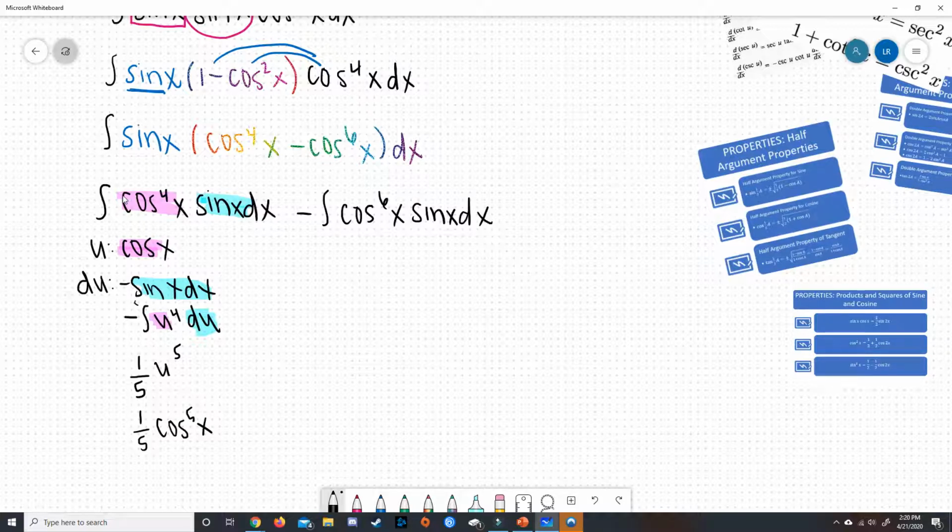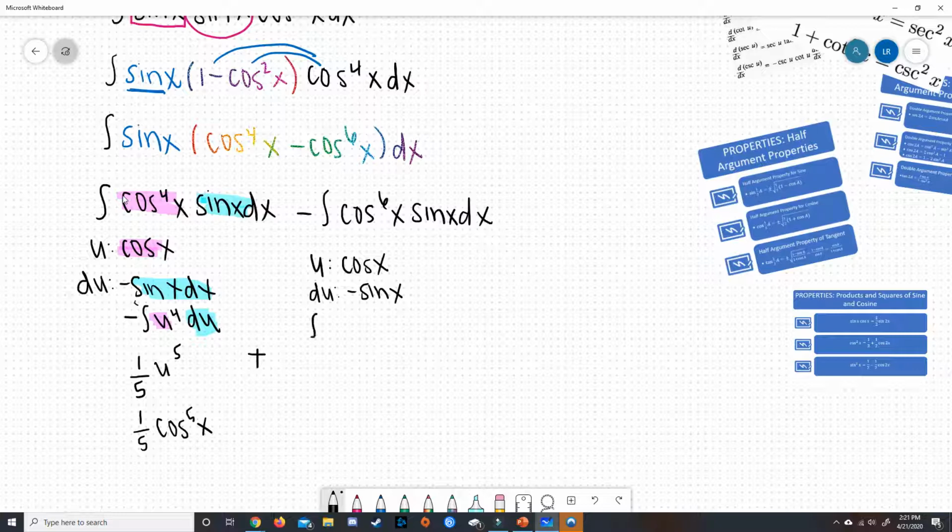Wow. We can do the same thing here. We would say that cosine is our u. Our du would have to be negative sine of x. Well, a negative and a negative makes a positive, so these are now going to be added together.